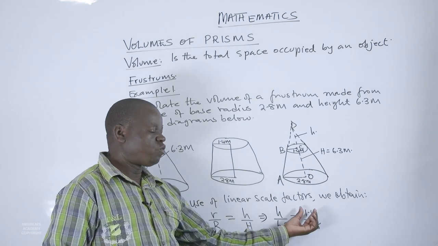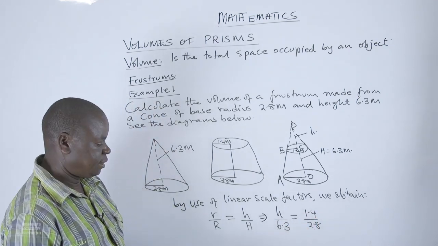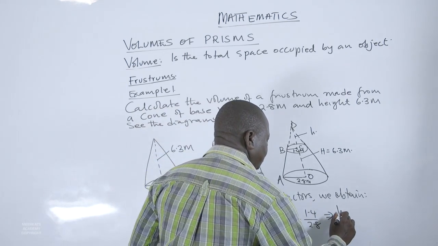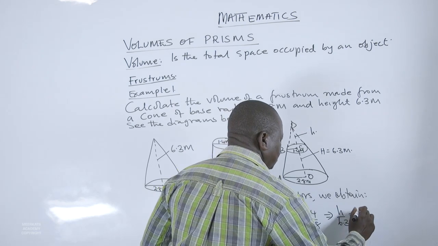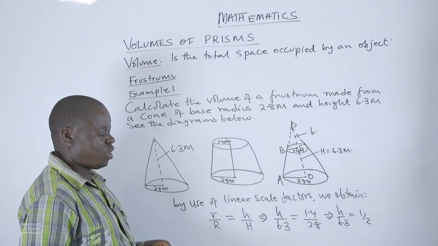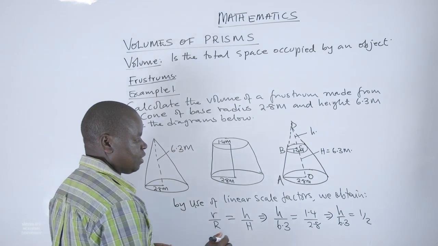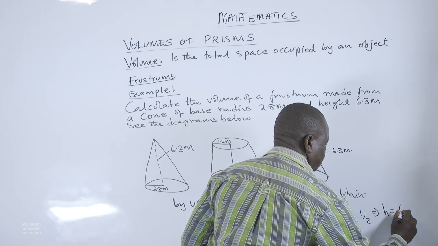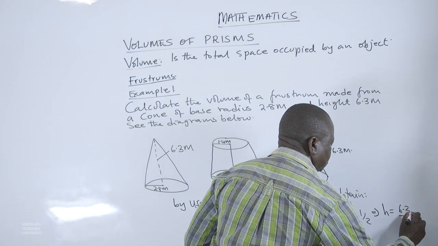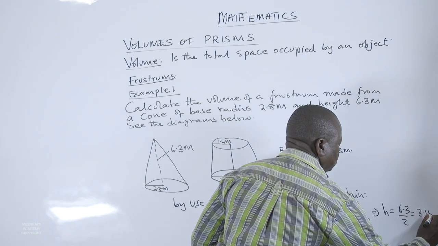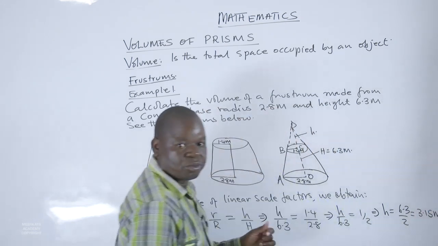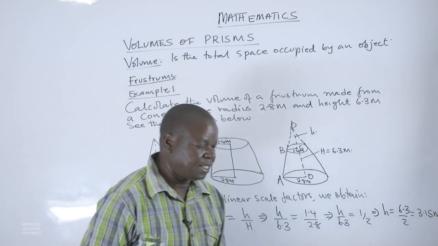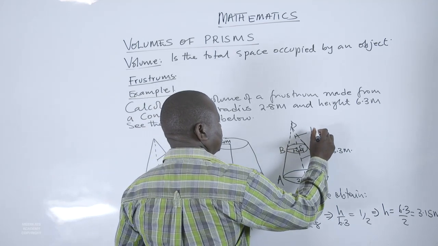h over 6.3 is equal to 1.4 over 2.8, which on simplification is equal to a half, so that we get 3.15 meters as our small h.